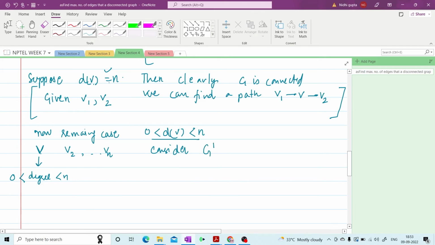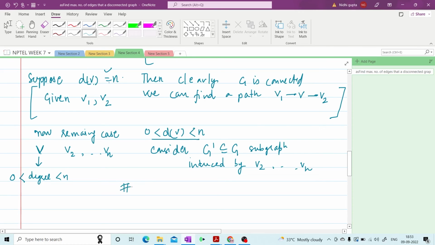So consider G dash, which is the subgraph of G induced by V2 till Vn.